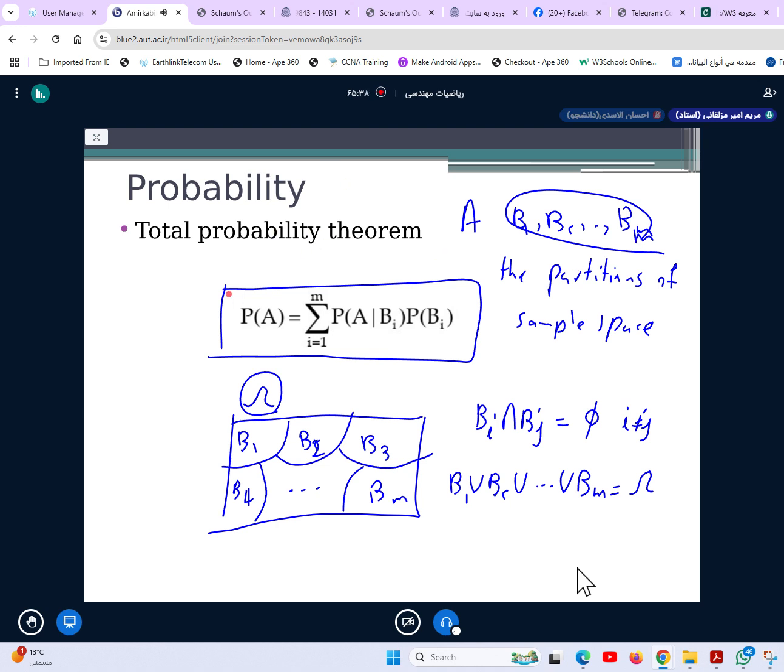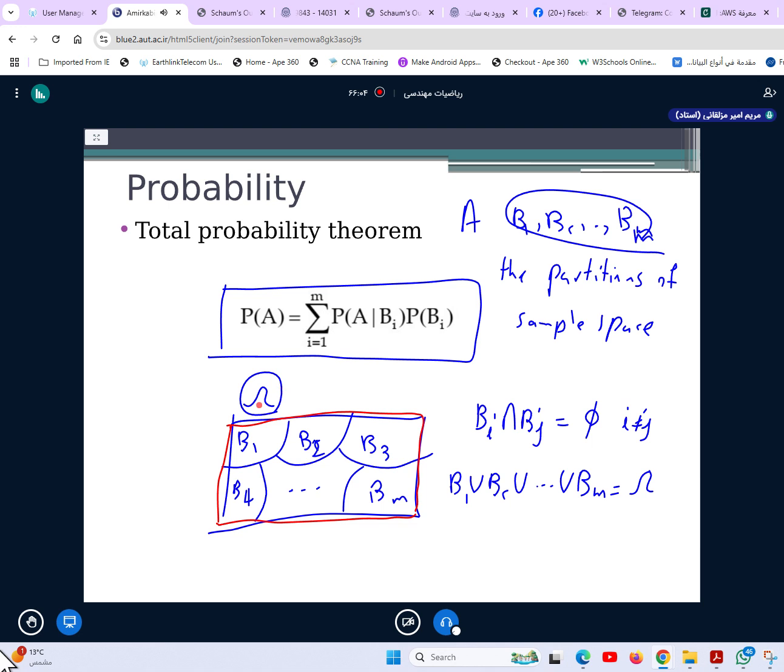I said that in this slide we want to speak about the total probability theorem. This theorem needs the meaning of partitioning of a set. What's the meaning of partitioning of a set? Our set here is our sample space omega, this red rectangle.